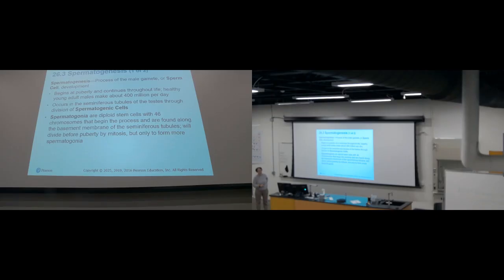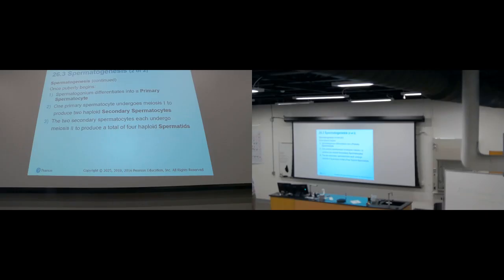They have 46 chromosomes and are found at the most external layer of the seminiferous tubules. Once a spermatogonium divides, it will form another spermatogonium and a primary spermatocyte.